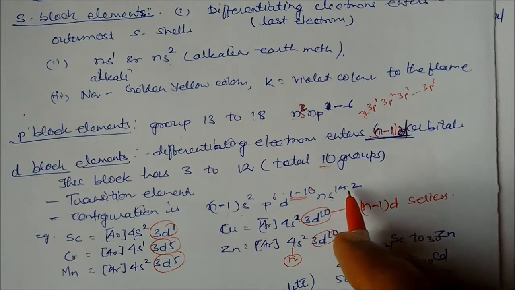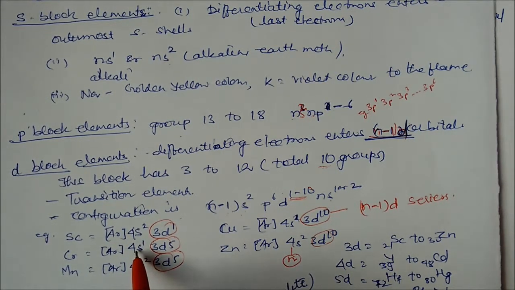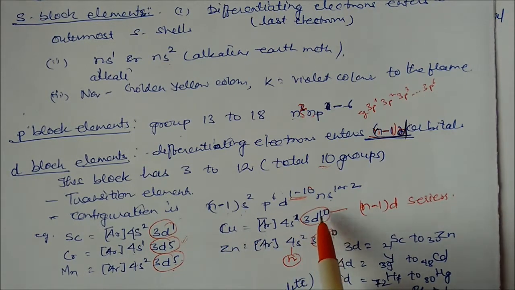In some elements ns1 is taken, in some ns2. For example, scandium is argon 4s2 3d1, chromium is 4s1 3d5. So two subshells are there, 4s1 3d5. This is for stability. Manganese is 4s2 3d5, so 5 plus 2 gives group 7. Again for copper, 10 plus 1 is 11, so this belongs to group 11.